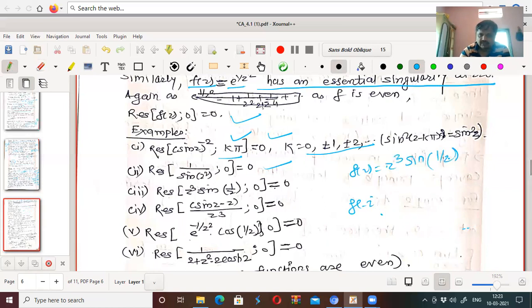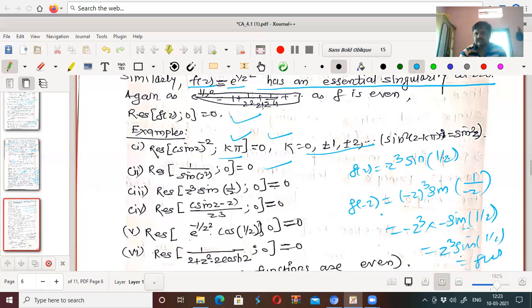So f of minus z becomes minus z cube sine 1 upon minus z, that is minus z cube into minus of sine 1 upon z, which is z cube sine of 1 upon z, that is f of z. So the function is even, and as it is an even function, the residue is 0.